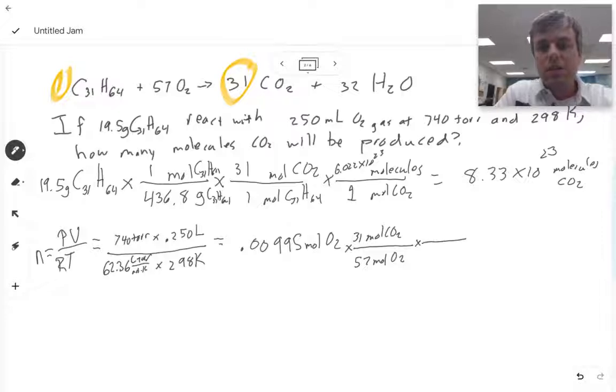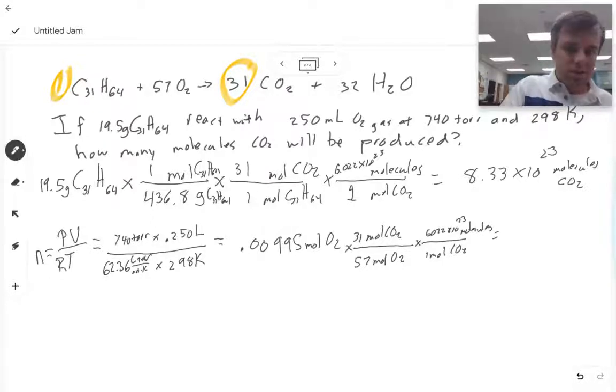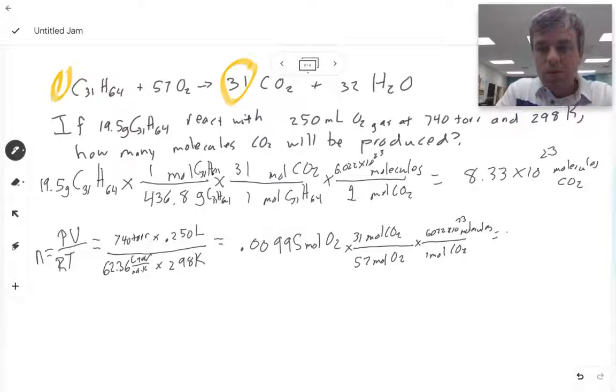And then 1 mole of CO2 is 6.022 times 10 to the 23rd molecules. So we multiply all that out. And we get 3.26 times 10 to the 21st molecules of CO2.